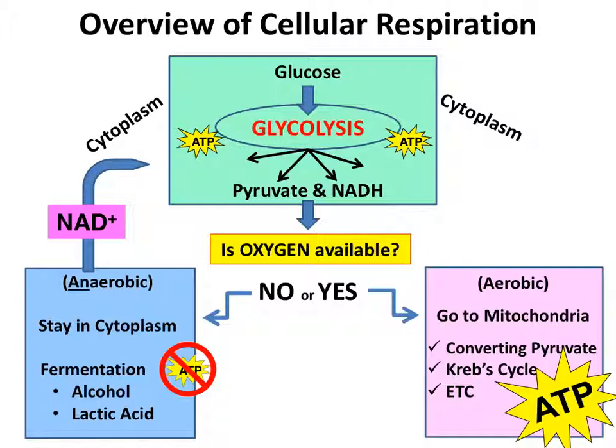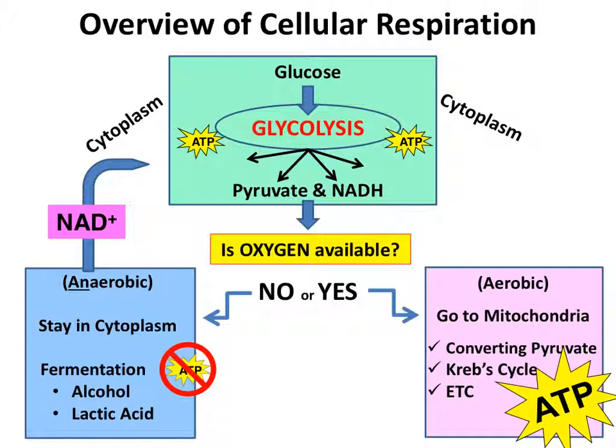This green box shows you an overview of glycolysis. Glycolysis begins with a molecule of glucose, which gets converted into ATP, pyruvate, and NADH, and this all happens in the cytoplasm. Next question is critical. Is there enough oxygen available for aerobic respiration?